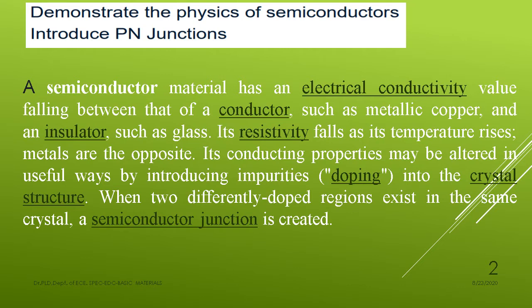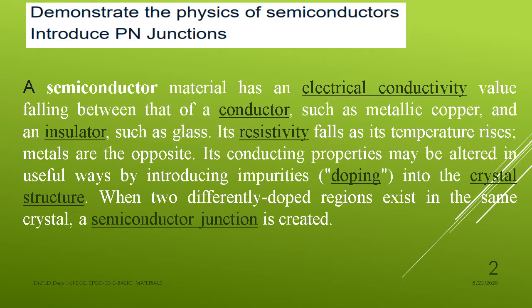In the last session, basic materials were discussed. Under that, the reason for choosing semiconductors was strongly defined. The same semiconductor materials we are continuing here as a recollection of its properties and its uses in electronics.